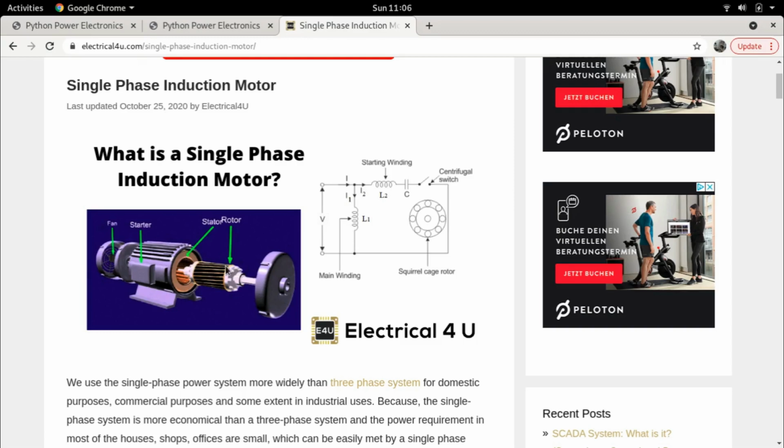Now, if you go back to the very basic principle of magnetism, if we take two magnets and bring them together, they will either attract or they will repel. Opposite poles attract, similar poles repel. If we bring a south pole and a north pole together, they will attract. If we bring two south poles or two north poles together, they will repel.